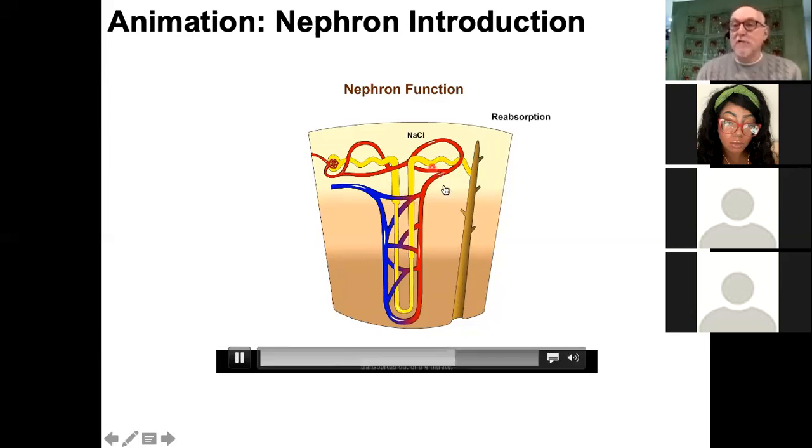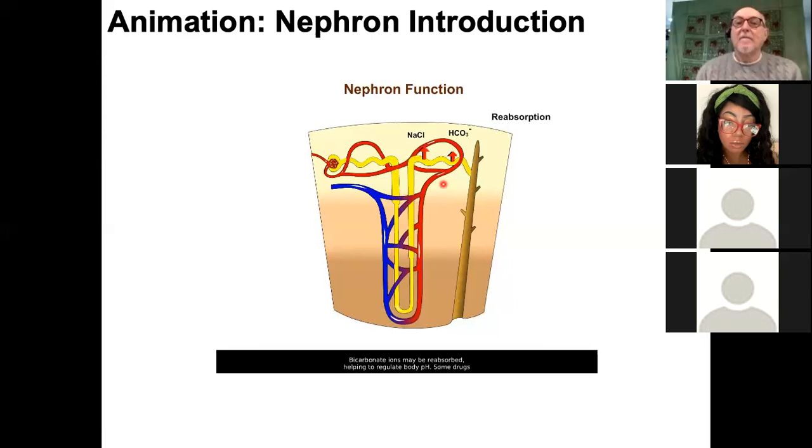Distal tubule can also resorb things: salt, bicarbonate ions, also drugs and poisons, and hydrogen ions.